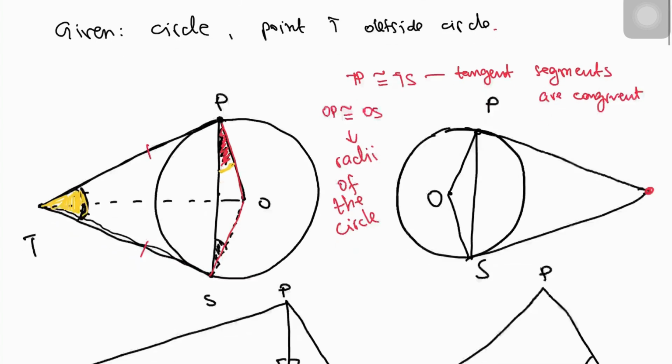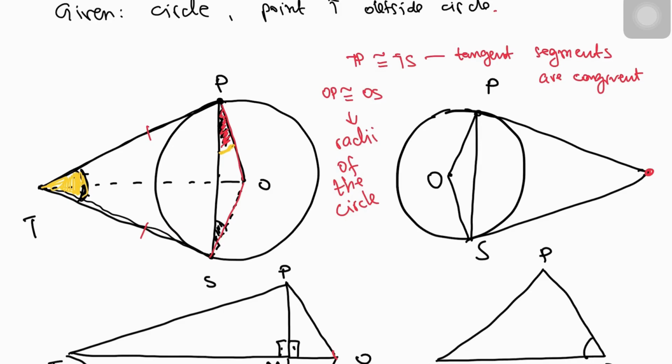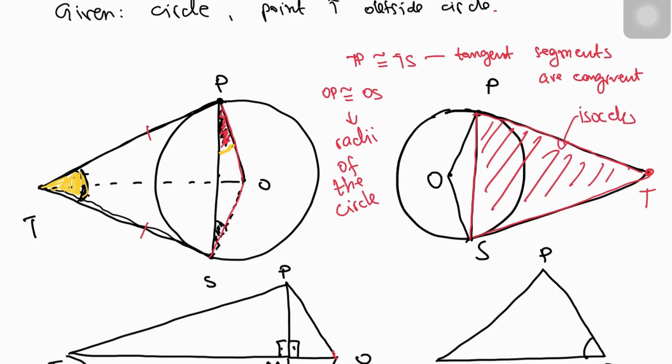And not only that, here we can see immediately that the triangle TPS, sorry, let's start with that one. If you look at this triangle here, it is isosceles. Why? Because of this fact here.